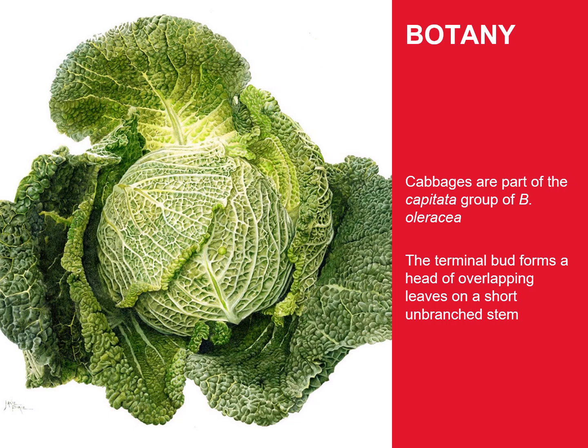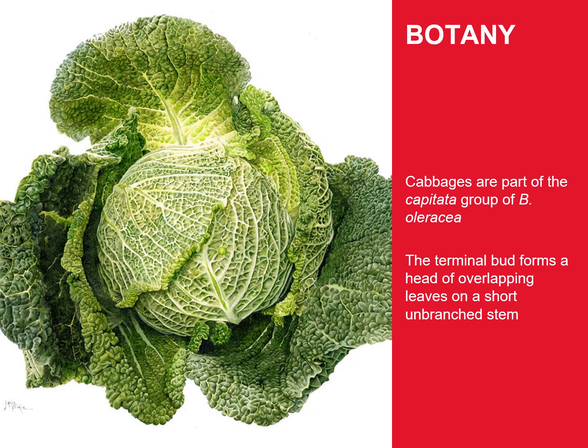So in terms of the botany of cabbages, they're part of the group called Capitata. So you'll often see in books the species and the variety of a Brassica oleracea crop as Brassica oleracea variety Capitata. So that name denotes its kind of morphology, and Capitata means head in Latin.